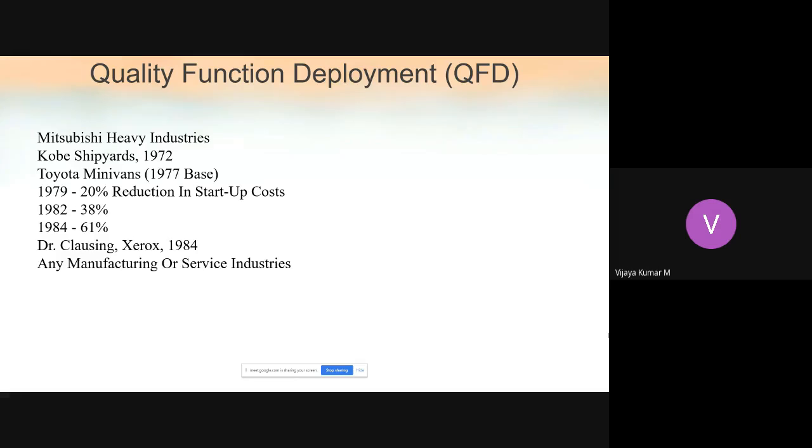In today's session, you will understand how to develop this quality function deployment tool, and in later classes, I will take some case studies on how to calculate and develop this analysis.